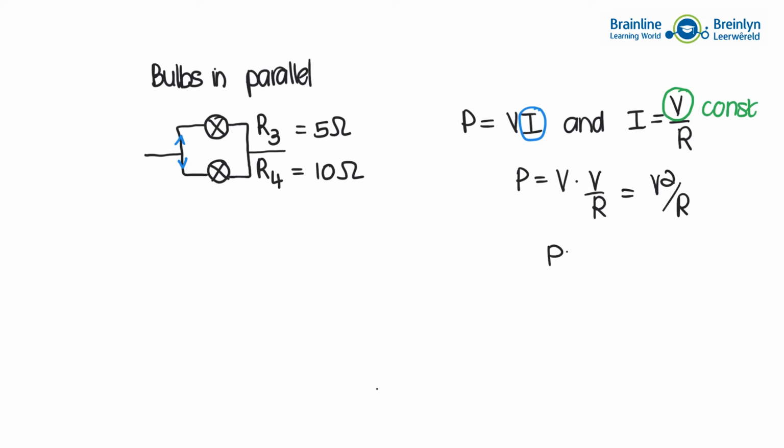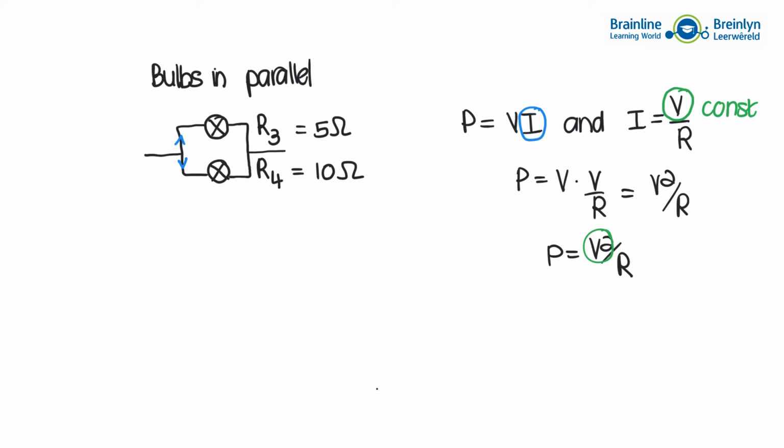From P equals V squared over R, we're once again going to rearrange the equation so that that which is constant remains on one side of the equation, and the two factors which we're trying to relate, P for the brightness and power, and R for the changing resistance, are kept on the same side of the equal sign. This means that I'll have to bring the R across.